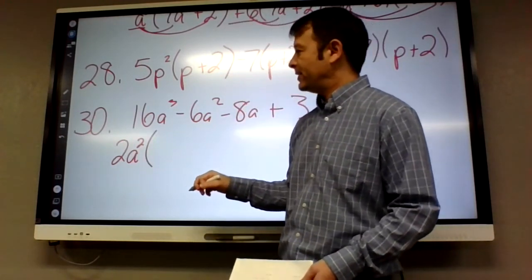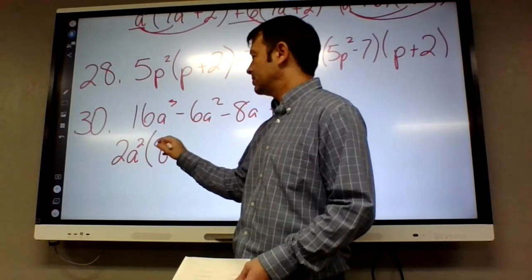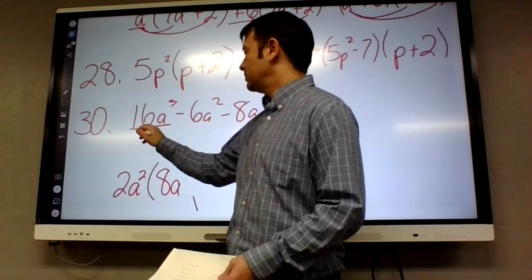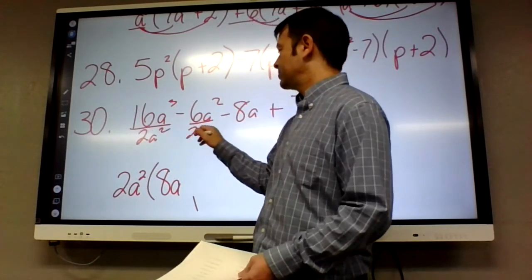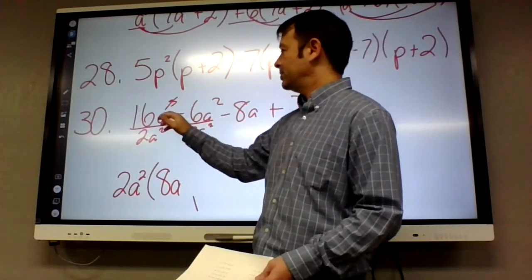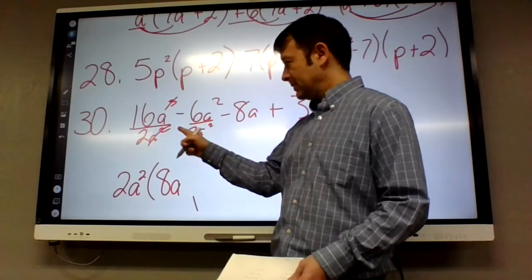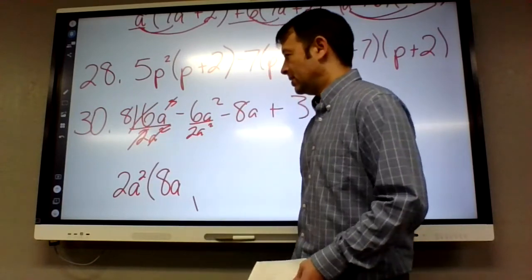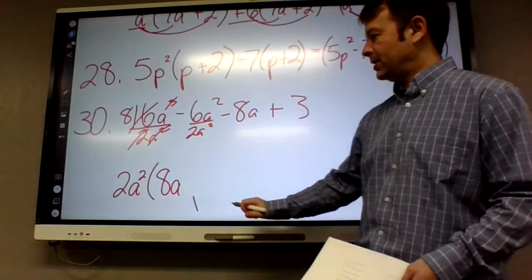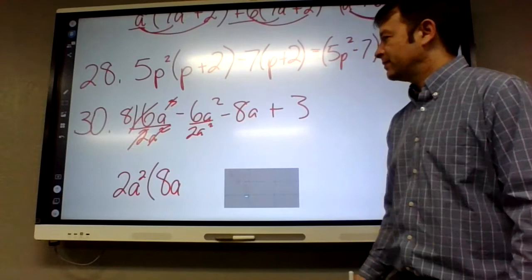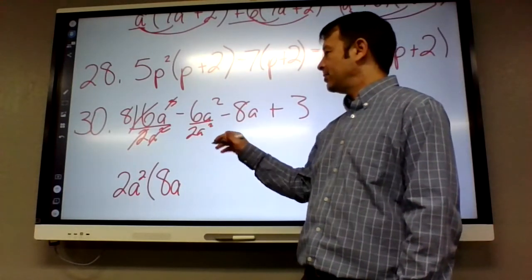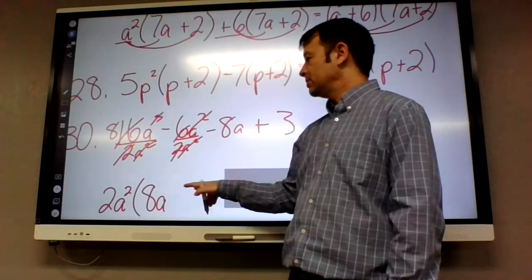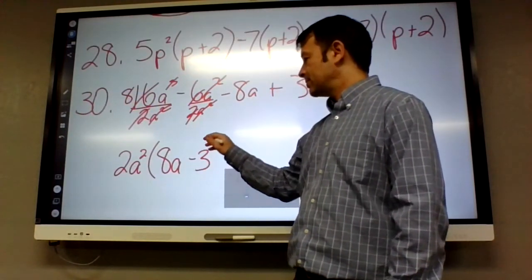And then what's left if I divide by 2a squared? On this one, there's one a left on top. 16 divided by 2 is 8. So we have 8a from the first term. From the second term, a squared crosses out, and 6 divided by 2 is negative 3.